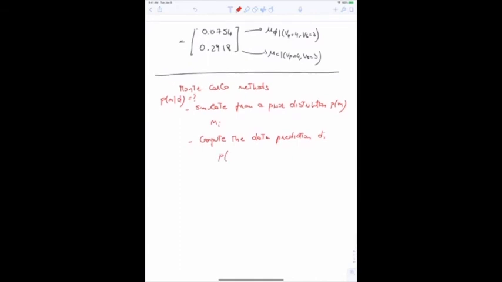Now we evaluate the likelihood that the actual data comes from the model M i. And we accept or reject the model, and we keep doing it until convergence.